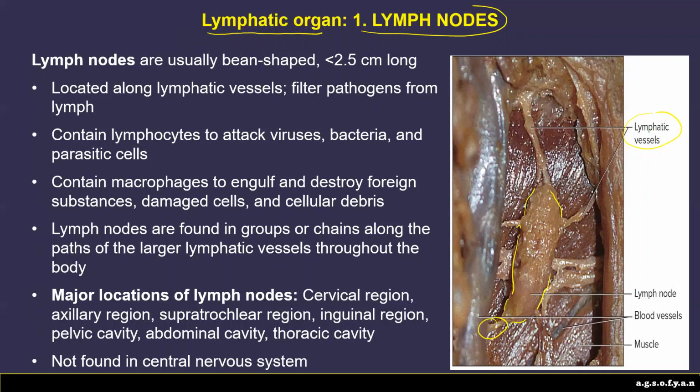If the fluid is going this way, then this lymphatic vessel is called an afferent lymphatic vessel, and the one going out from the lymph node is called the efferent lymphatic vessel. Okay? So lymph nodes are usually bean-shaped, about 2.5 centimeters long, located along the lymphatic vessel, and they filter pathogens from the lymph.